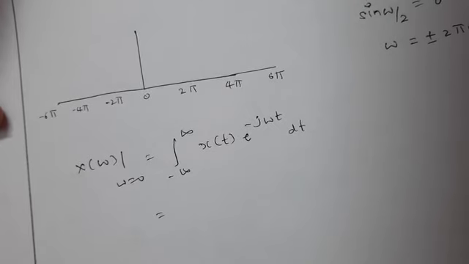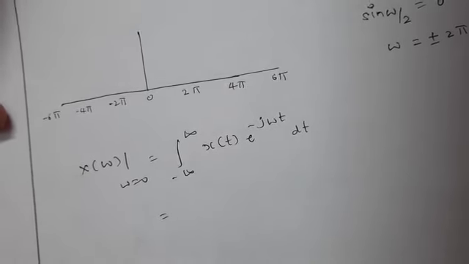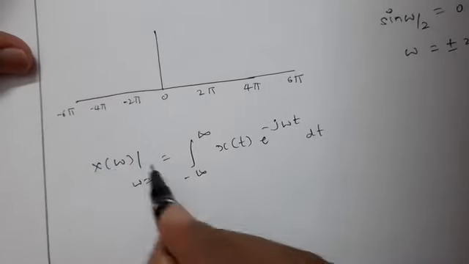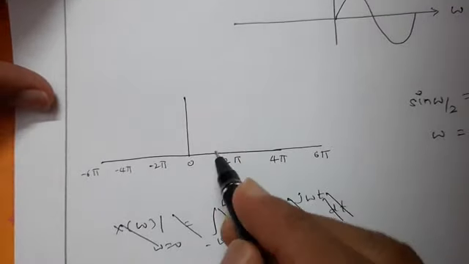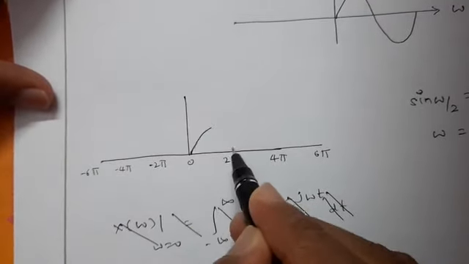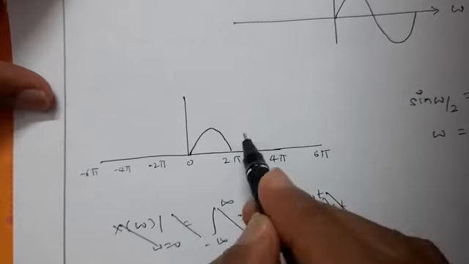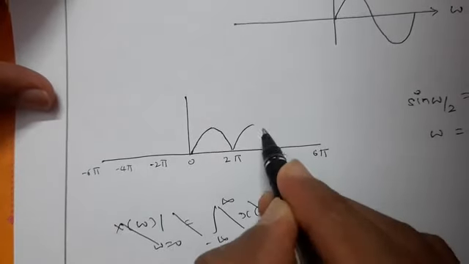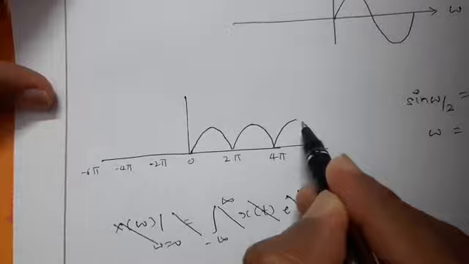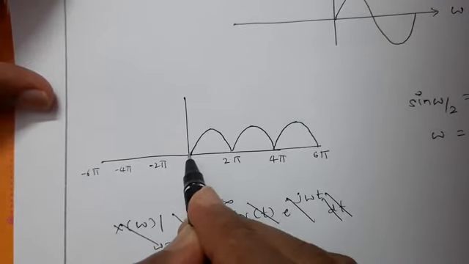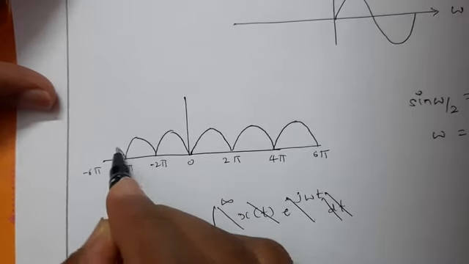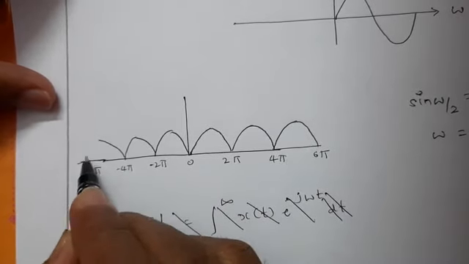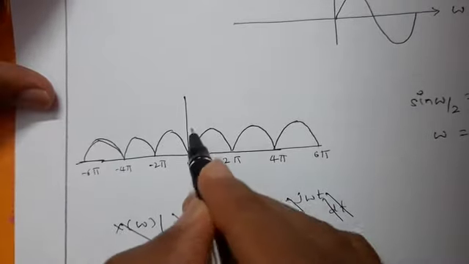At any values of omega you can plot it, or simply, if there is any confusion, just go on taking the values 0 to 2 pi, 2 pi to 4 pi, 4 pi to 6 pi, and similarly, which is 2.